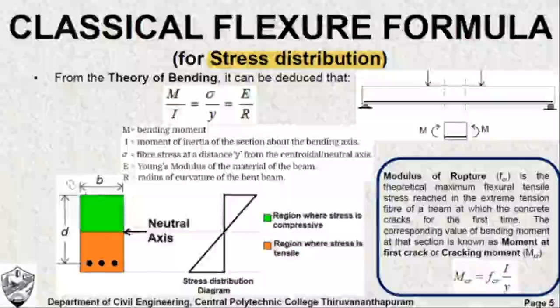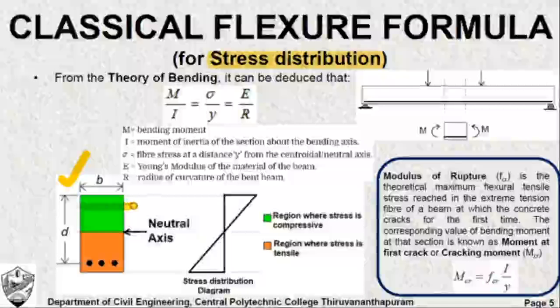If it is a rectangular section like what is shown here, you can definitely find the moment of inertia of that section. Now coming to sigma. What is sigma? Sigma is the bending stress at any particular fiber in that particular cross section. You have this cross section and you want to find the bending stress at a particular fiber level, and that fiber may be located at a distance y away from the neutral axis, and using this equation M by I is equal to sigma by y, you can easily find it out.